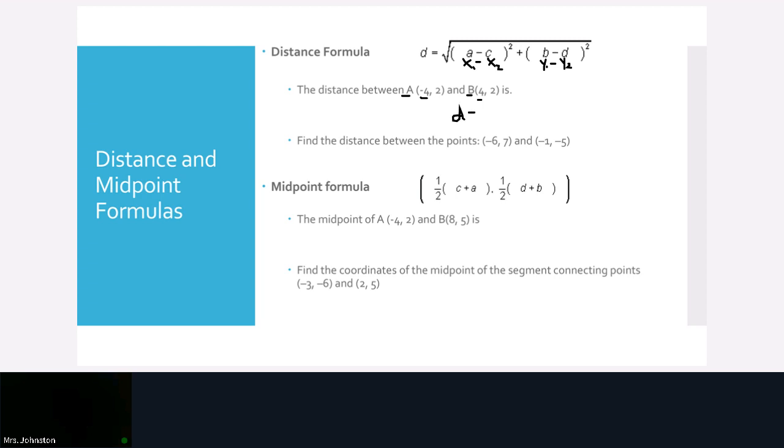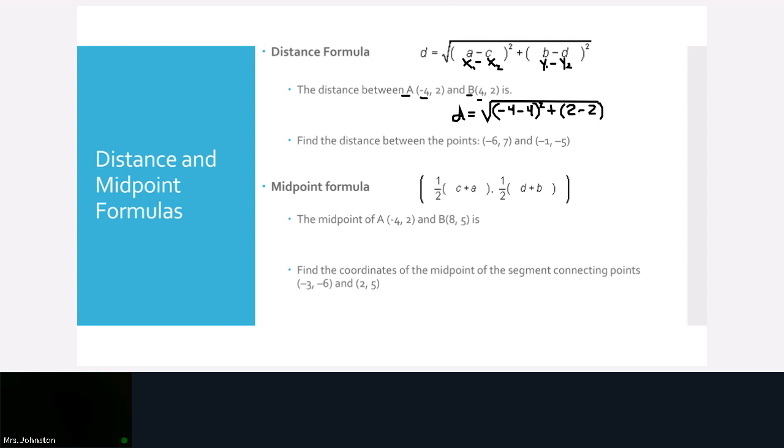Now this formula may look familiar because it's based on the Pythagorean theorem. If you plot 2 points on a graph, you can easily make a triangle to join them with a hypotenuse, and you would find the distance between 2 of those points, square them, and then finally take the square root to find the hypotenuse. I'm going to switch to y's, 2 minus 2 squared.